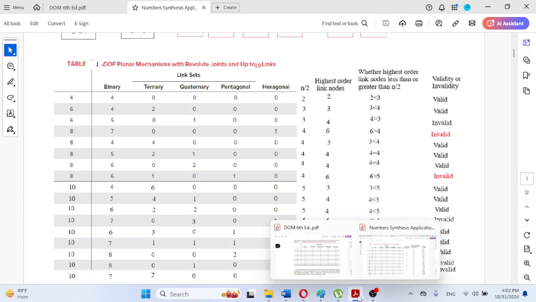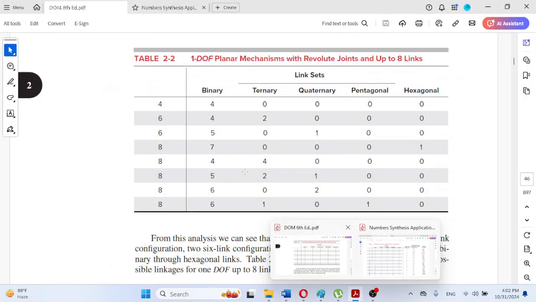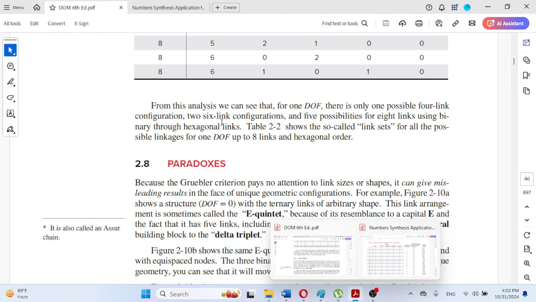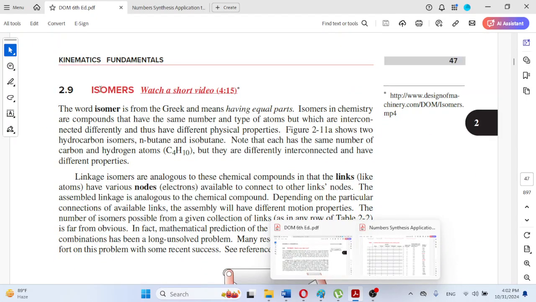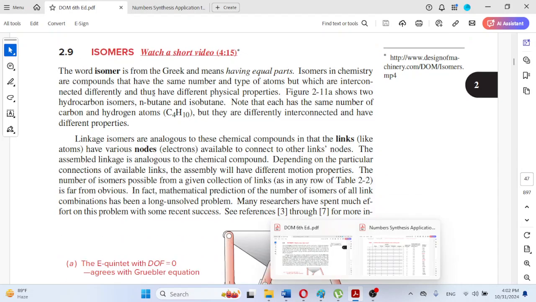So here is a statement that we can observe from the book, in the article of isomerism, article 2.9.